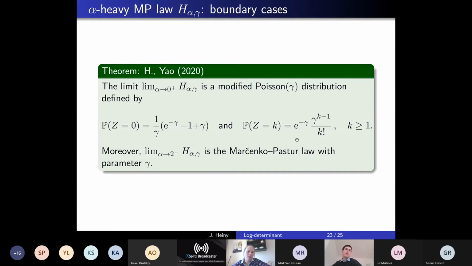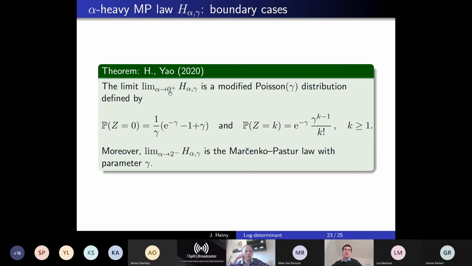Finally, we tried to extract as much as possible from this complicated formula, and in particular, we took the limits for alpha tending to 0 and alpha tending to 2. So clearly for alpha equals 2, there is the Marchenko-Pastur law, and indeed these moment formulas are continuous in alpha in this sense. So for alpha to 2, you obtain the Marchenko-Pastur law.